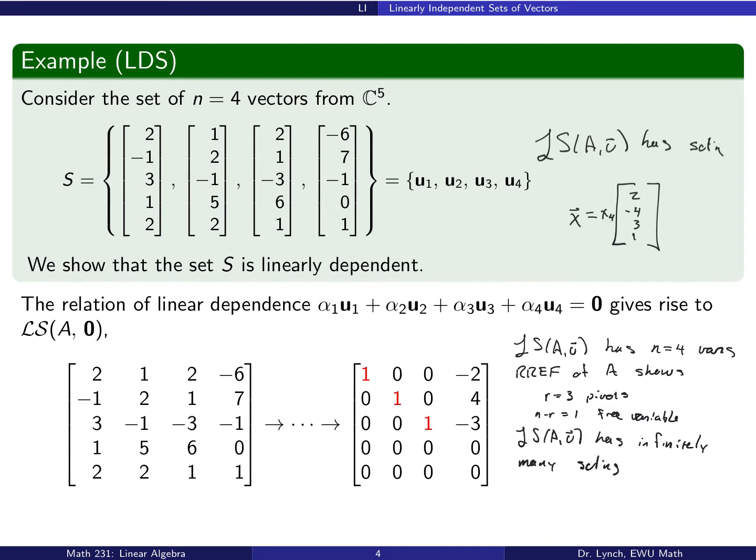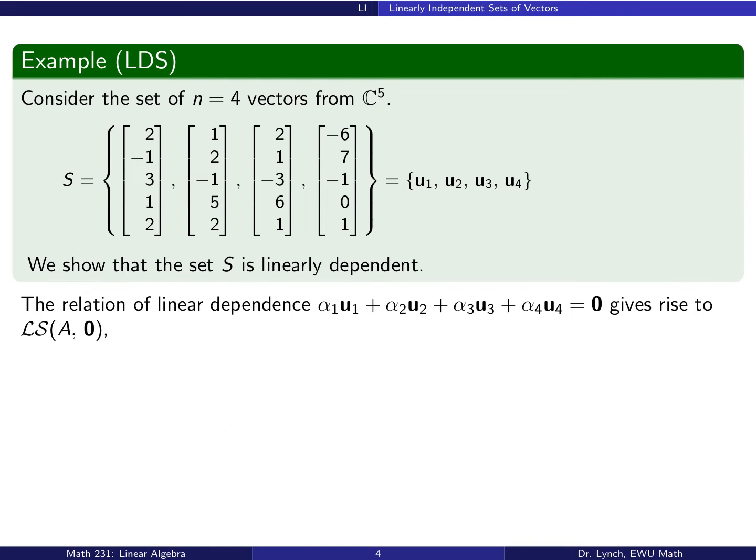In fact, here's the vector form of that solution: 2, minus 4, 3, 1 times x4. One such solution we could find just by setting x4 equal to 1, which tells us one non-trivial relation of dependence on this set S.